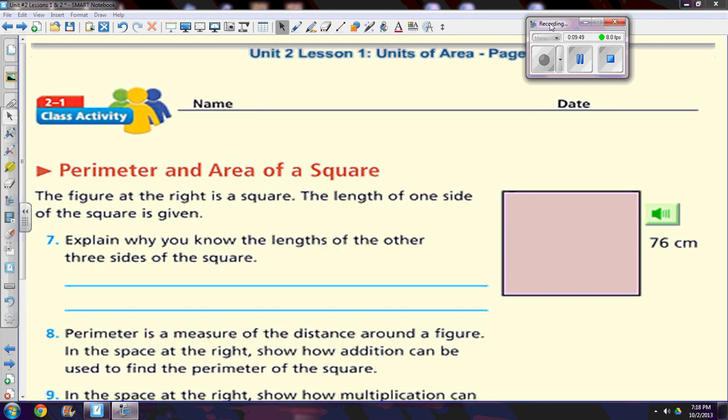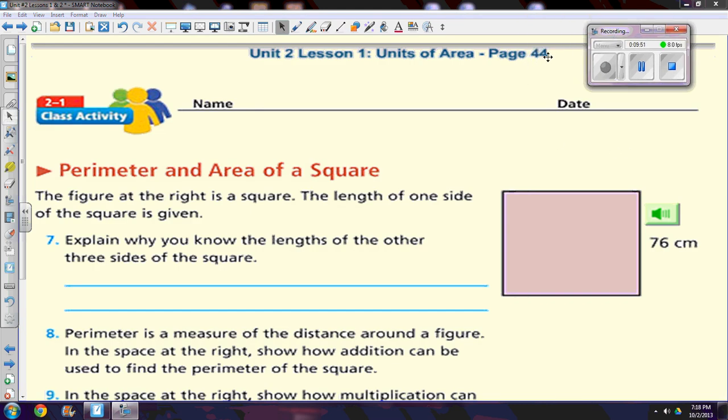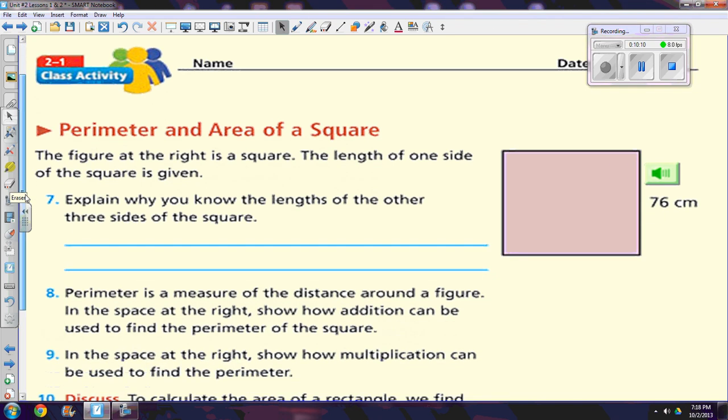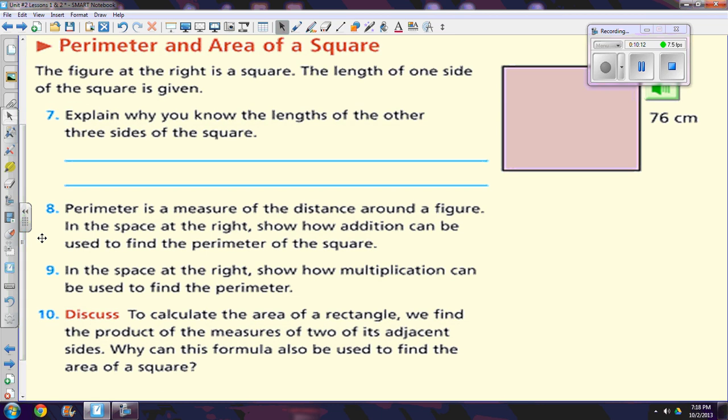All right, page 44 in your textbook. Perimeter and area of a square. The figure at the right is a square. The length of one side of the square is given. Explain why you know the length of the other three sides of a square. So it wants you basically to define what it means to be a square. Number 8 says perimeter is a measure of distance around a figure.